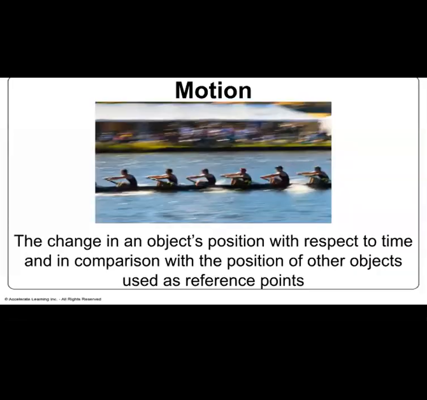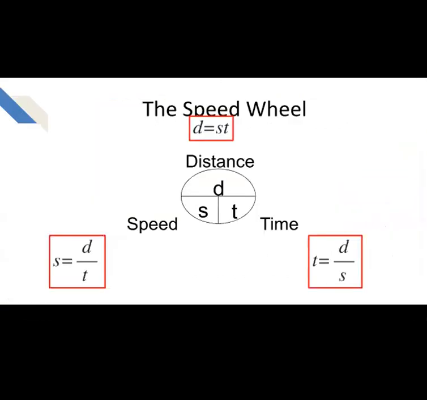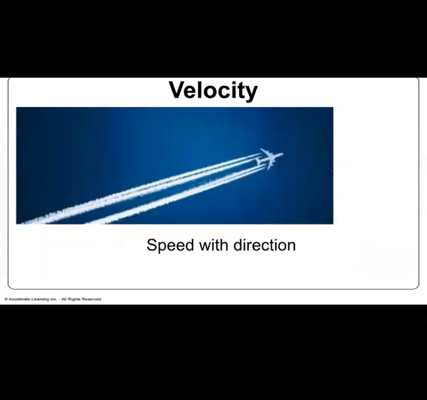Review all the time. Motion is when an object's position changes over time. You can calculate the speed of an object by knowing the distance and the time it traveled. You can even calculate distance and time if you know the other information as well. Velocity is the exact same thing as speed, but it has direction, okay?